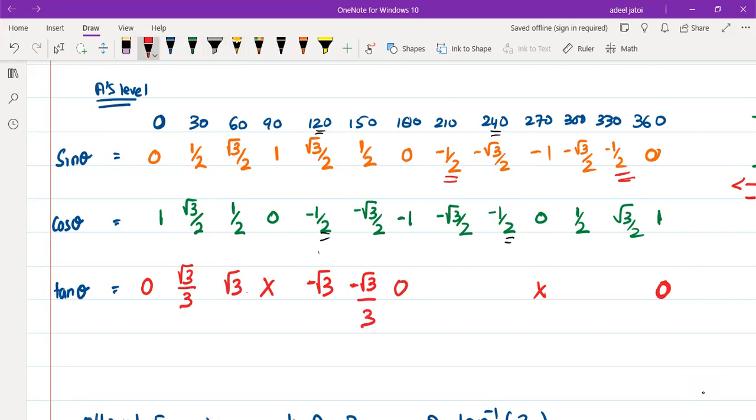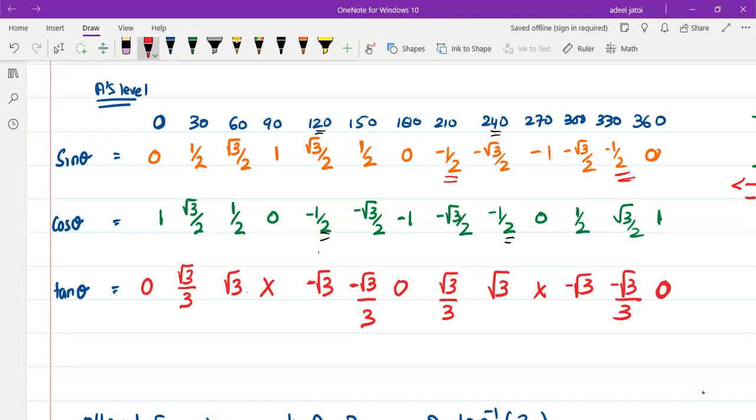Moving further, tan 210 is under root 3 upon 3 again, and tan 240 is under root 3. Do you agree? And then tan 300 should be minus under root 3, and tan 330 should be minus under root 3 upon 3.